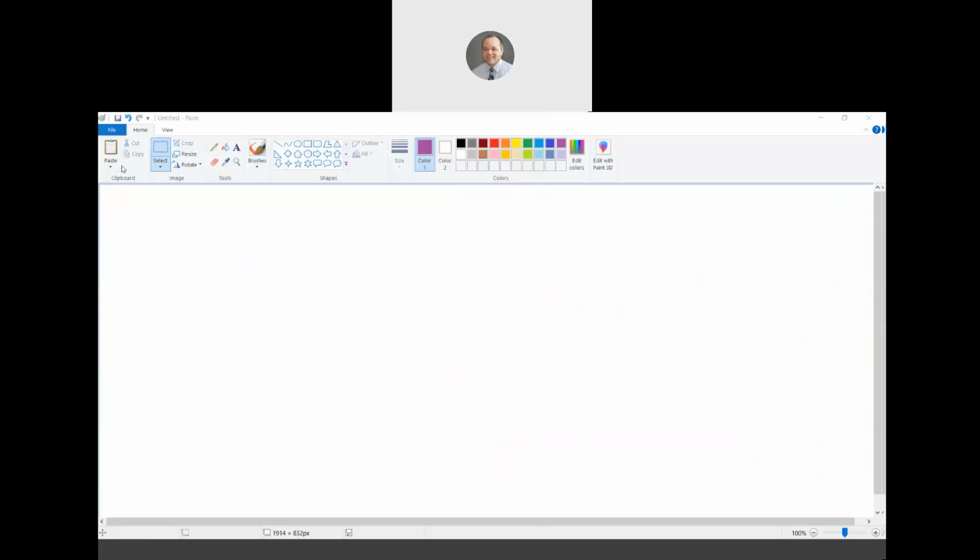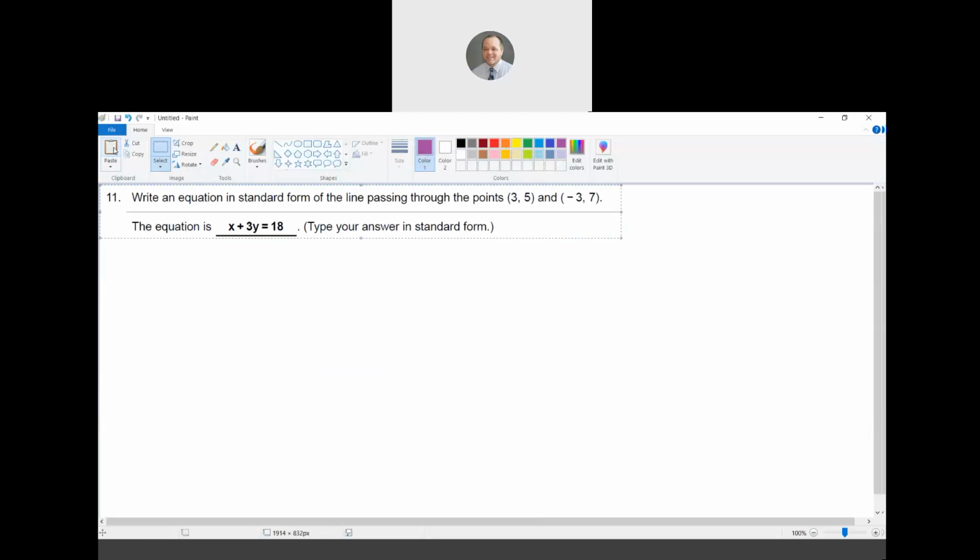We actually have to find the equation given some information. Write an equation in standard form of the line passing through the points 3, 5 and negative 3, 7.